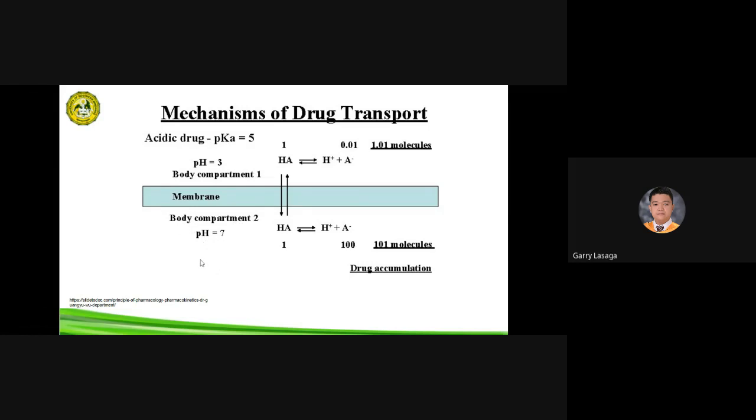In this way, the acidic drug will be trapped in the environment. It will not be reabsorbed back into the circulation or into the blood, because it cannot pass through the lipid bilayer, so that it can accumulate in the urine and be excreted in the urine.